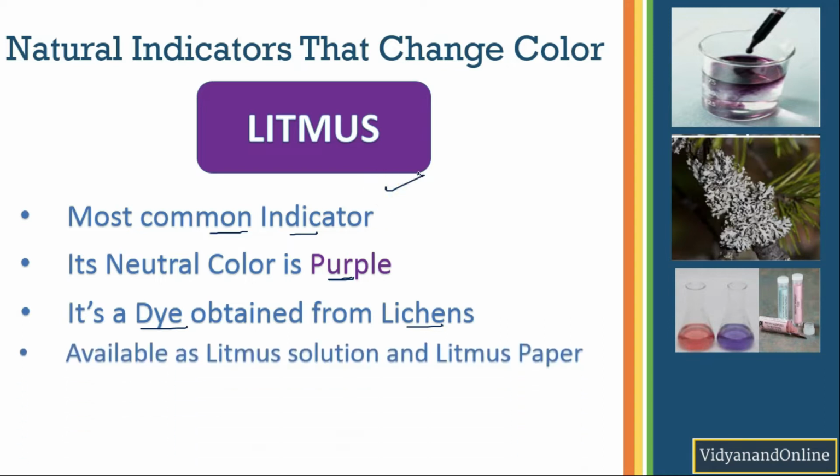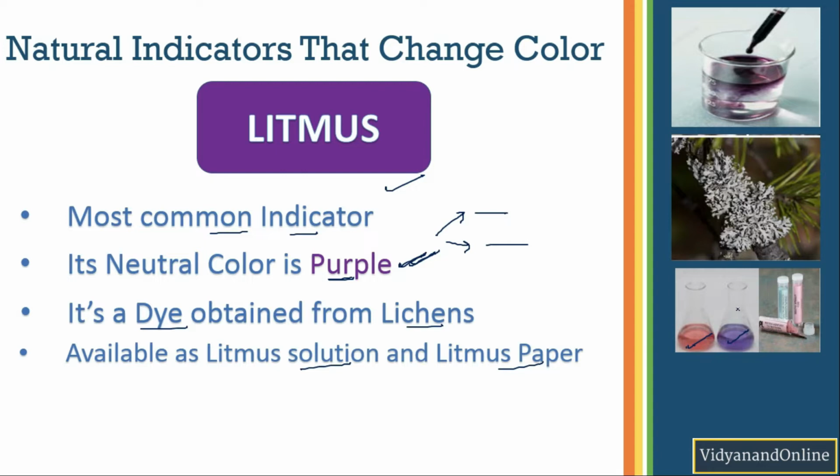Litmus is available as litmus solution as well as litmus paper. This purple solution of litmus is made into blue litmus solution and red litmus solution, for the sake of convenience.